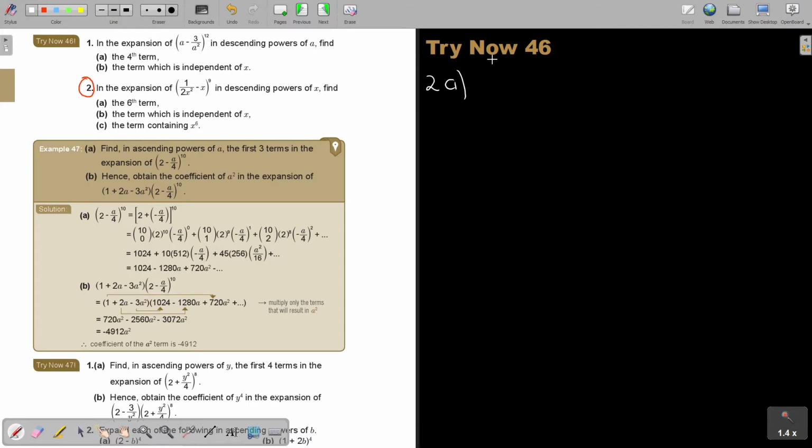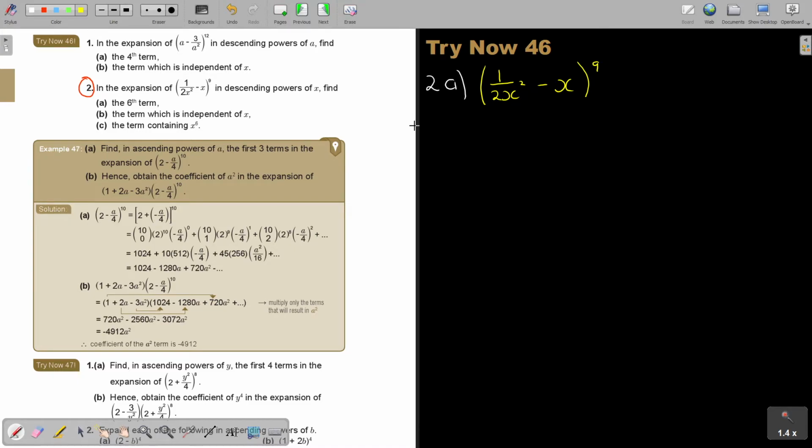Okay. In the expansion, now I'm just going to write it down first. It's (1 over 2x squared minus x) to the power of 9. In descending powers of x, find the 6th term. Okay.